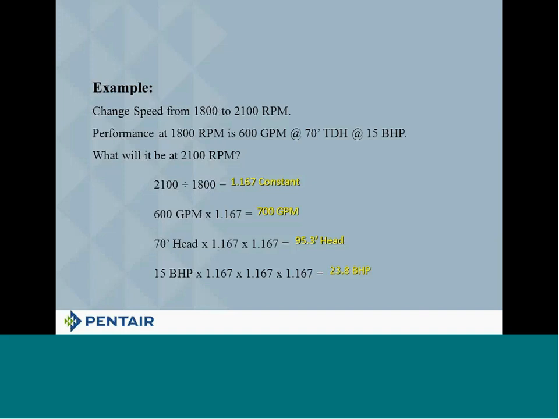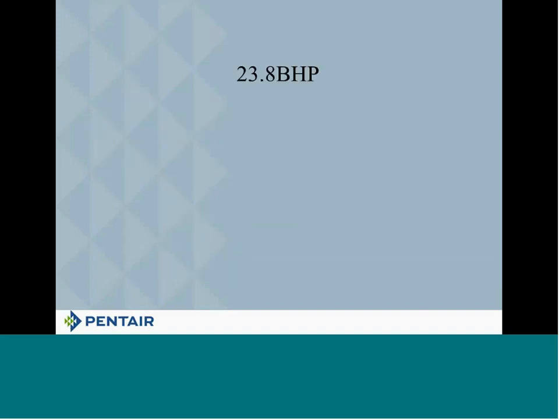Now, the next thing we're going to look at here then is we require 23.8 brake horsepower. What do we know about motors? Well, we know that if we take the nameplate horsepower times the service factor, that will give us the service factor horsepower, which is the maximum horsepower the pump can sustain.